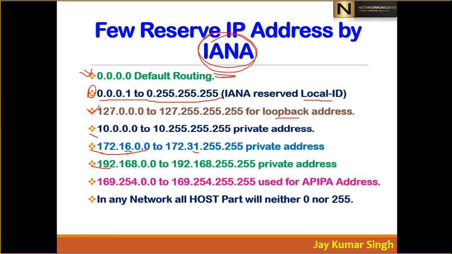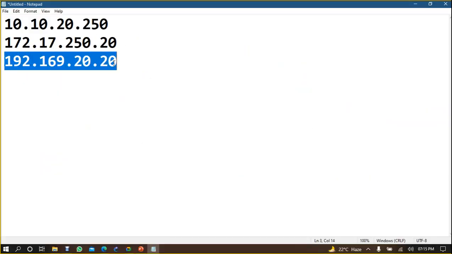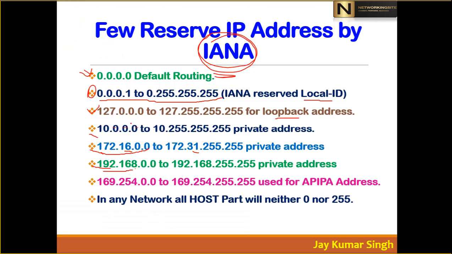And here in class C, 192.168. But if I'm writing like this, tell me, is this a private IP or public IP? Can you please repeat the public and private part? I want to understand properly. See, this is the range of private IPs, right?